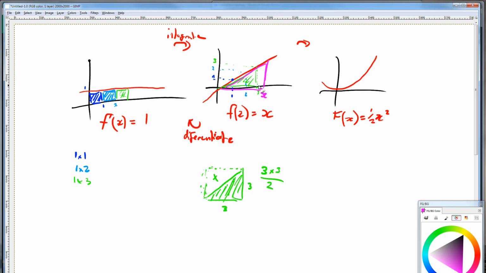We just do the same process. If this is our triangle, we have X times X times X divided by 2. Oh look, this is half X squared. So this is how we geometrically get this integration thing going. That's how we got that one.